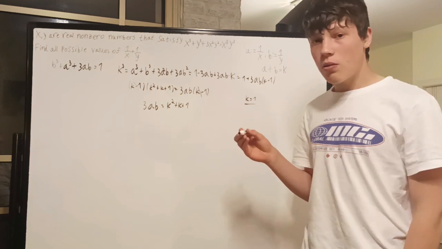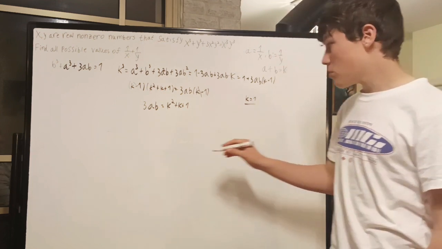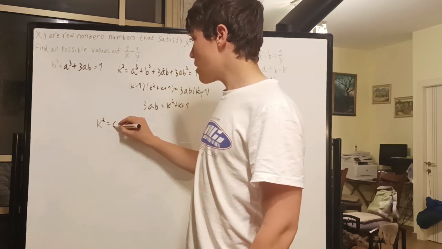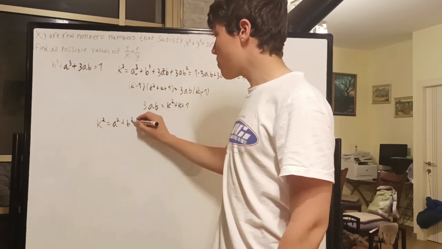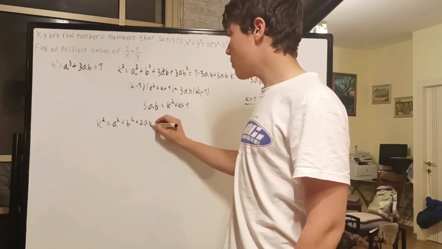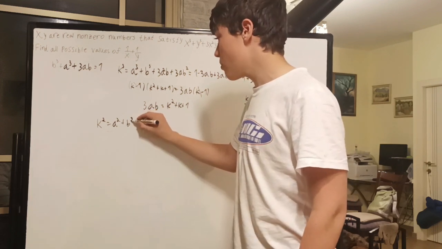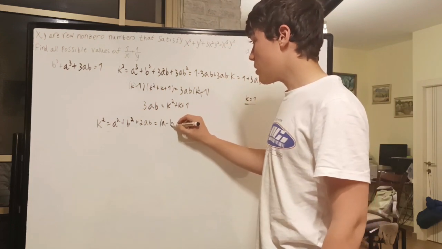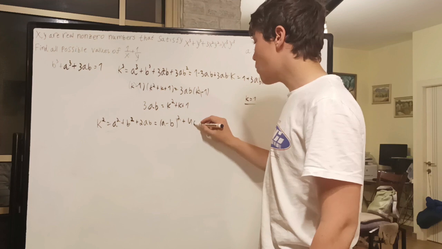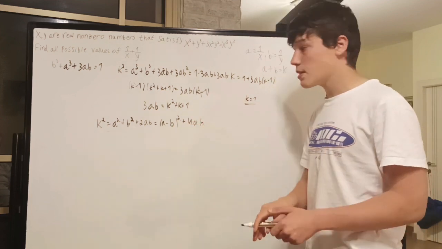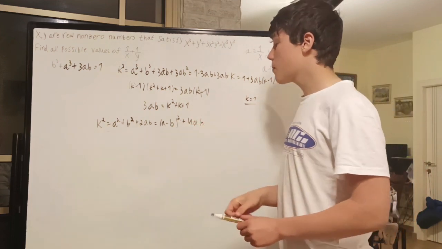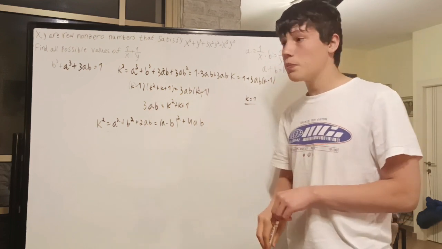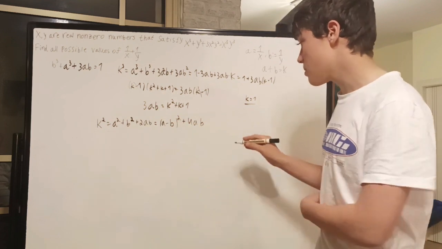Okay, so now I want to think about what is k squared. That is a squared plus b squared plus 2ab. Right, we factor a plus b all squared. And now I'm saying this is a minus b squared plus 4ab. Because a minus b squared is the same thing with a minus sign here. So if I add 4ab, the minus 2ab turns to plus 2ab, we get exactly this.